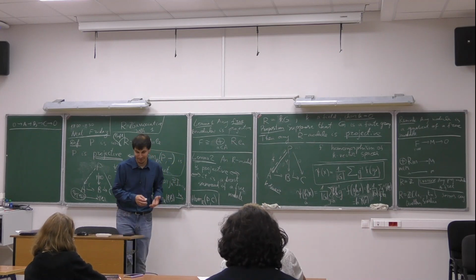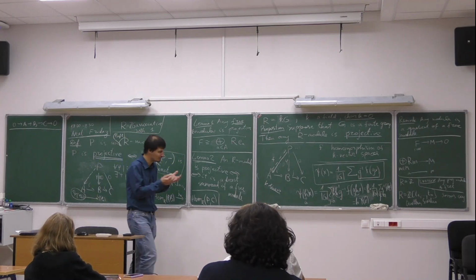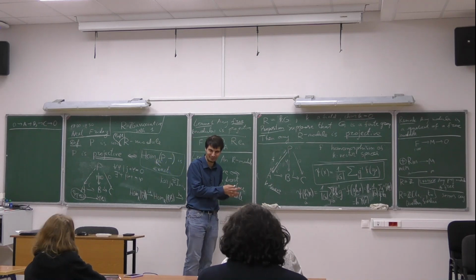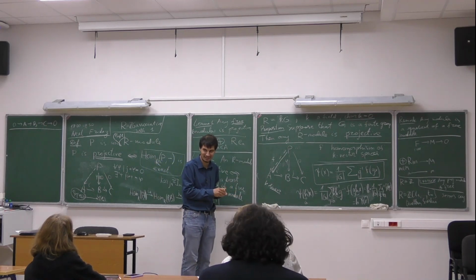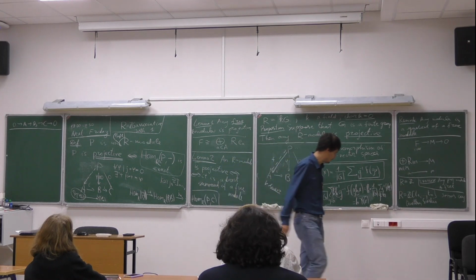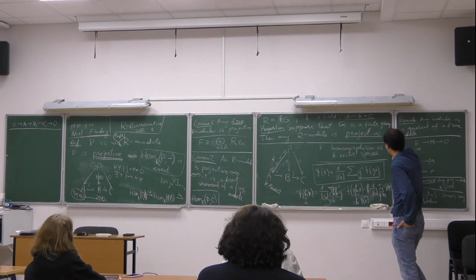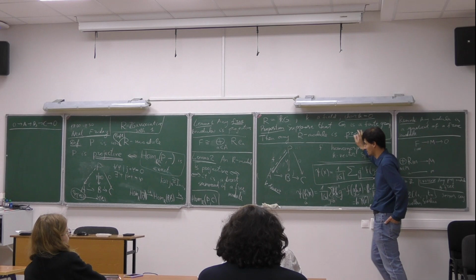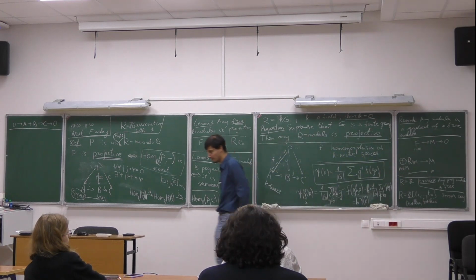At least I just wanted to show you that not all projective modules are free, and we have plenty of such examples. But actually, this observation is sometimes useful by itself.